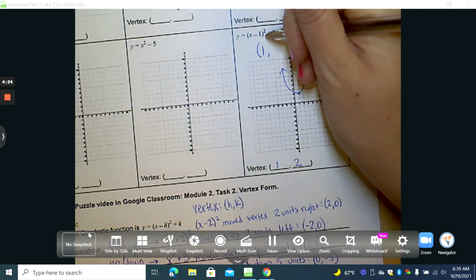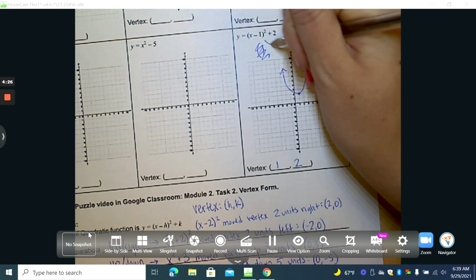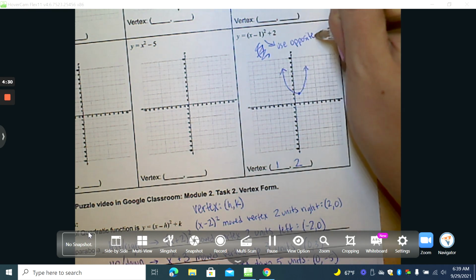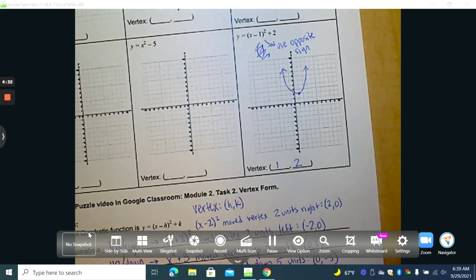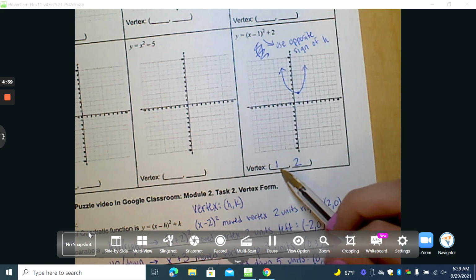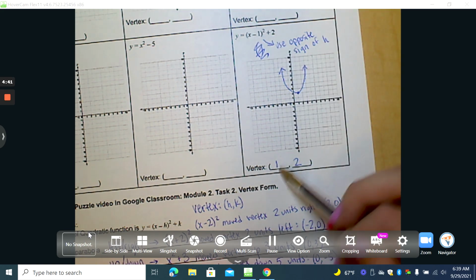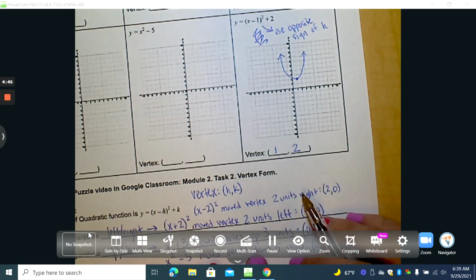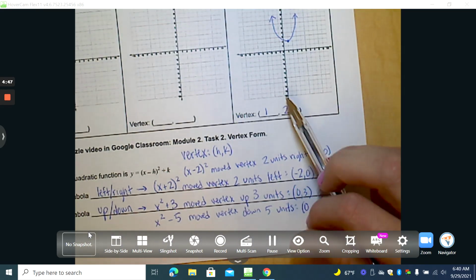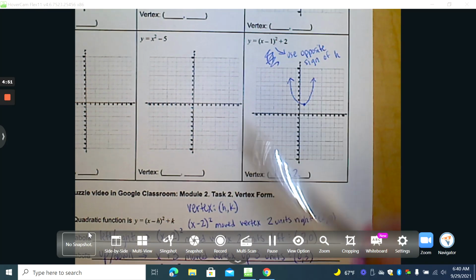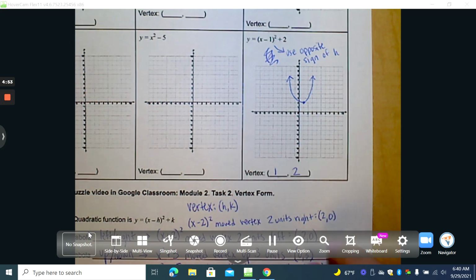So I'm essentially using the opposite sign of h. Even though I have a negative 1 in parentheses, I have a positive 1 in my vertex. This k, though, is a positive 2. That does move my y value up 2, and so my vertex is a positive 2. So we're going to practice graphing a few of these vertex forms.